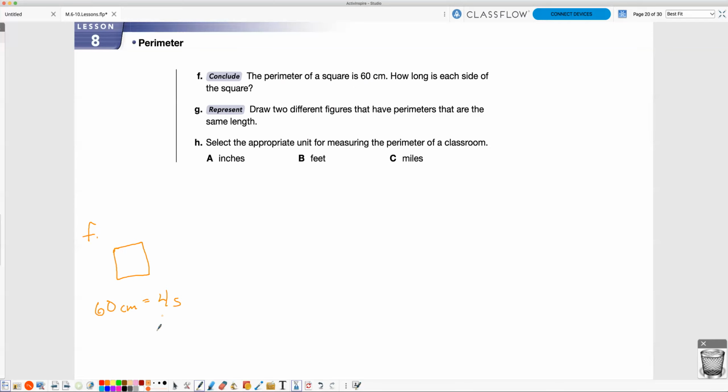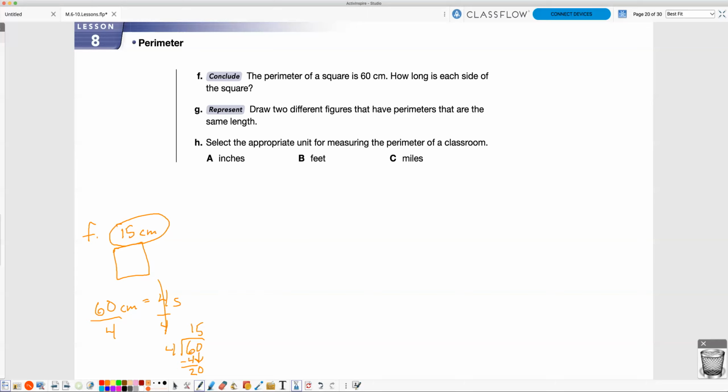So I'm going to divide this by 4, and I'm going to divide this side by 4. So now I'll have 60 divided by 4, which equals 15. So that means each one of the sides has to be 15 centimeters long for the answer to letter F.